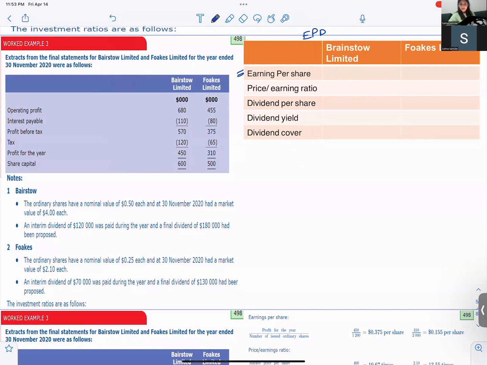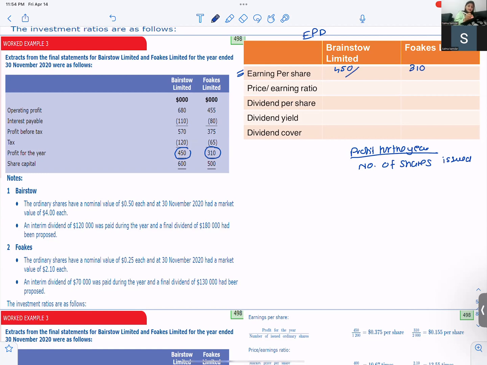The formula for earning per share is profit for the year divided by the number of shares that you have issued. So when I talk about Grain Straw Limited, what is the profit for the year? Profit for the year is 450, and for Folks, the profit for the year is 310.